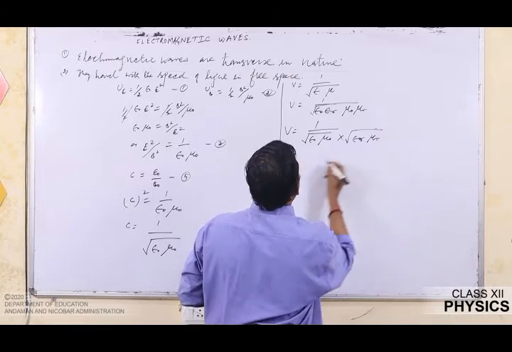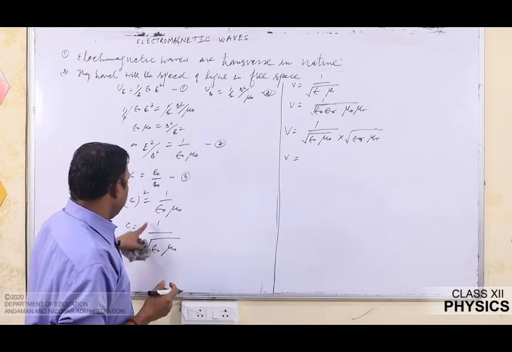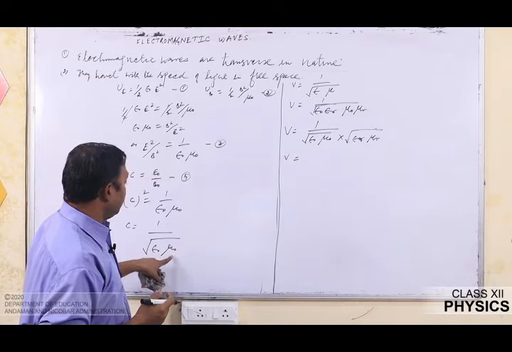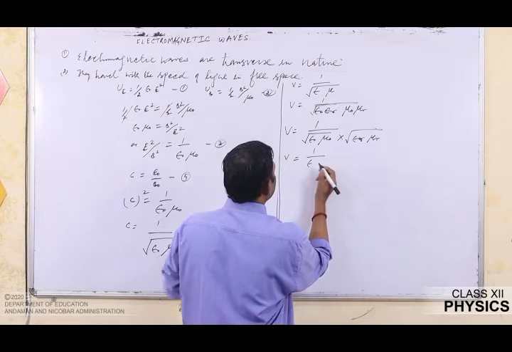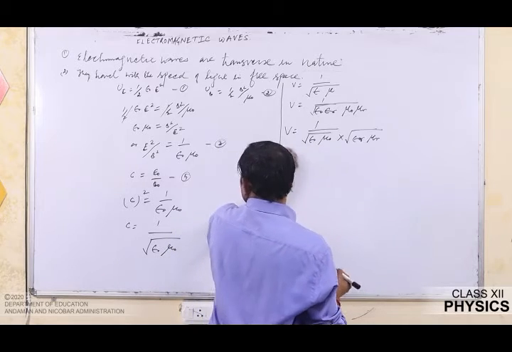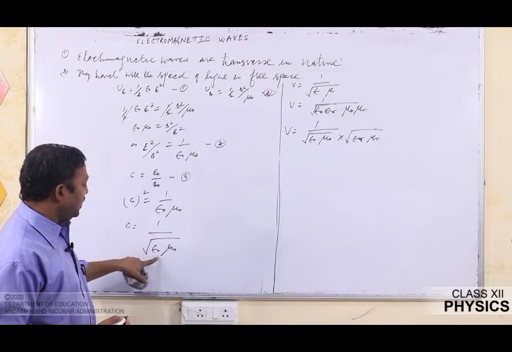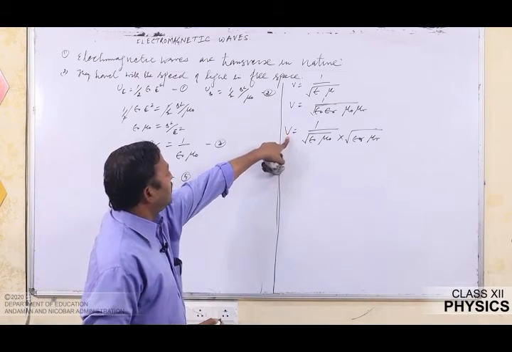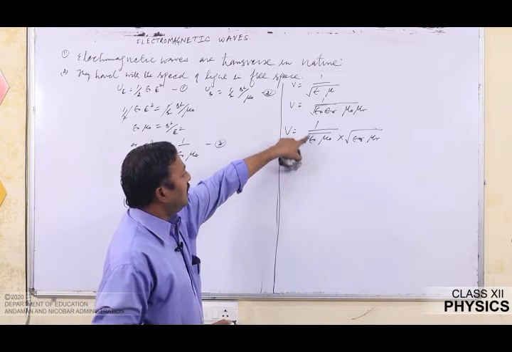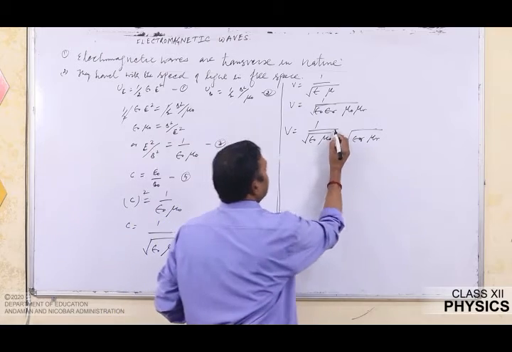So, we know that the value of C is nothing but 1 by under root epsilon 0 mu 0. So, we have the value of C equal to 1 divided by under root epsilon 0 mu 0, and the value of V if the medium is not free space is given by V equal to 1 divided by under root epsilon 0 mu 0 multiplied by the other factor.